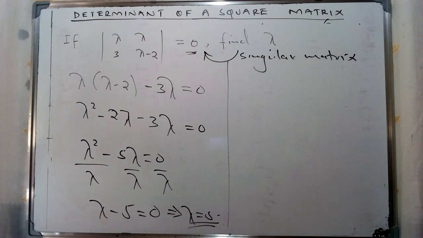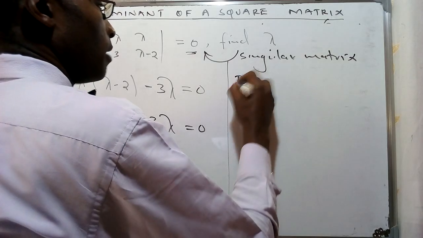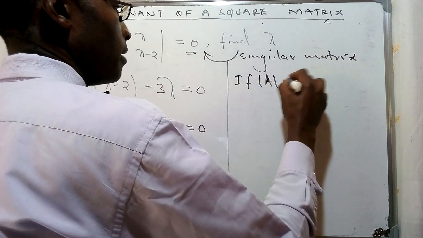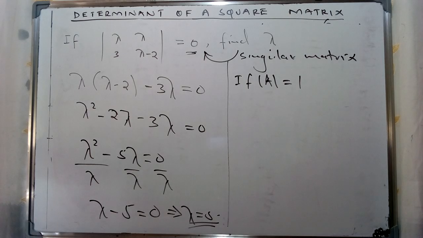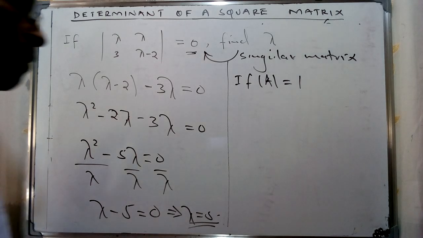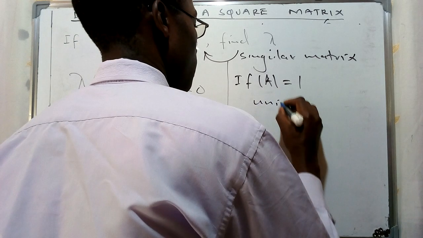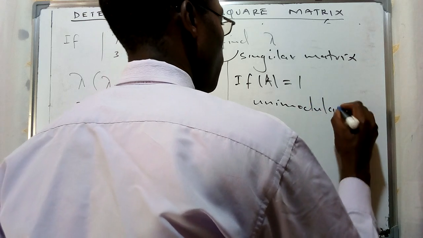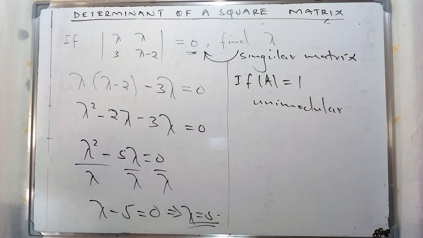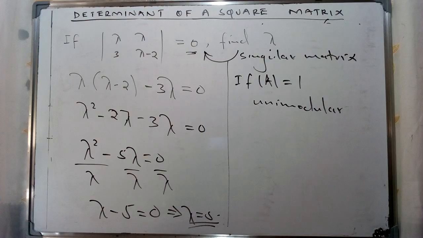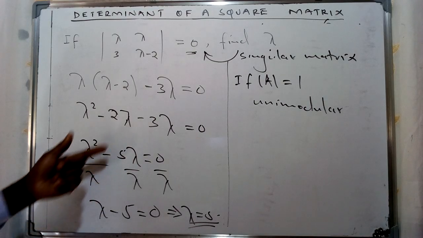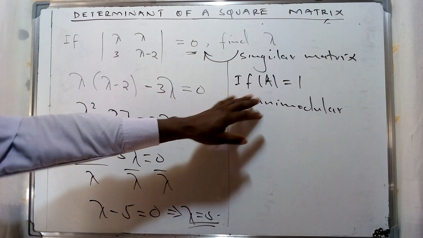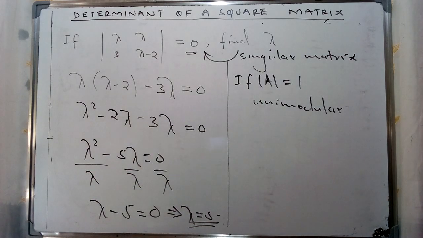And if the determinant of a matrix A is equivalent to 1, this is referred to as a unimodular type of matrix. This is going to assist us in defining a different set of matrices. So in case we come across a singular matrix for 0, unimodular for 1, that's going to imply the same.